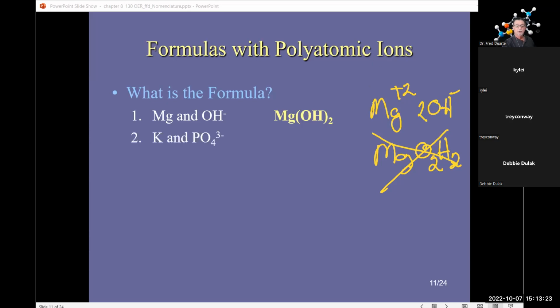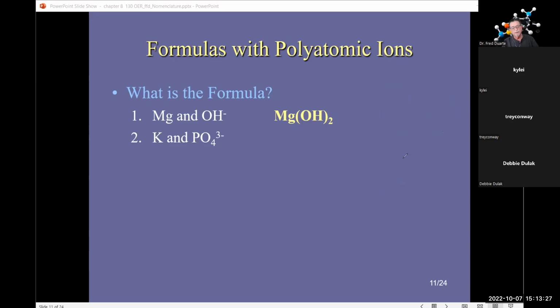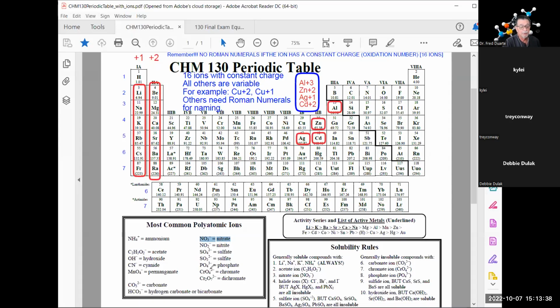Here we have the potassium and the phosphate. If you go to your periodic table, PO4, you can see right here, PO4 -3, its name is called phosphate. So now you have the name in case you need to name it.